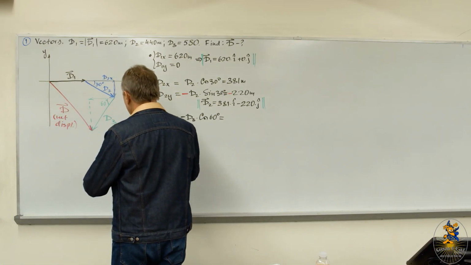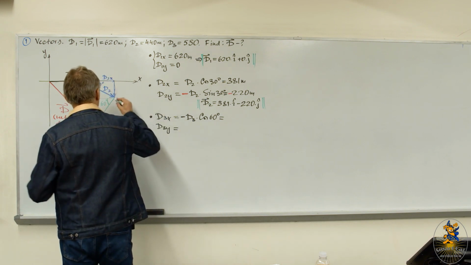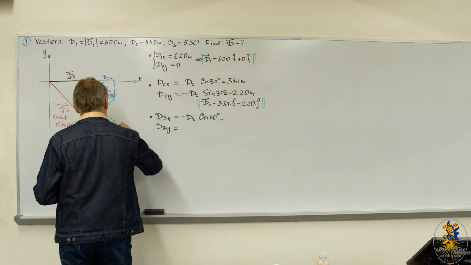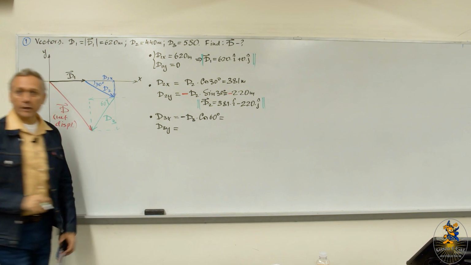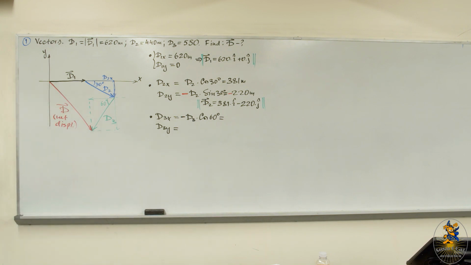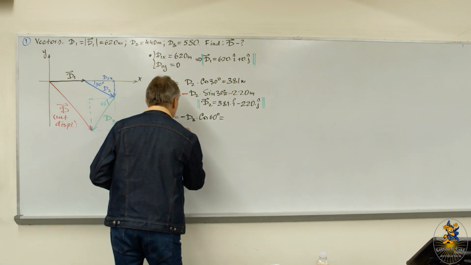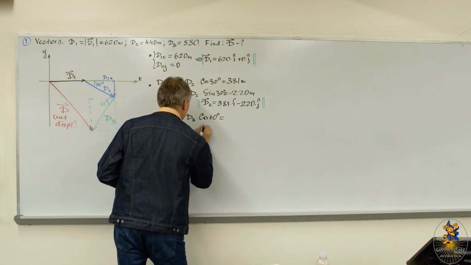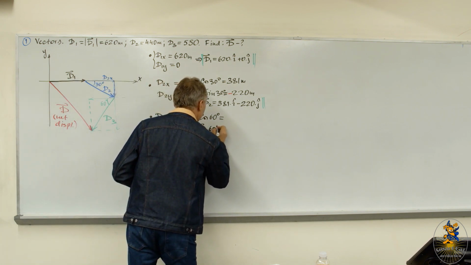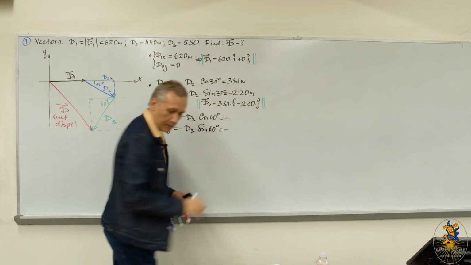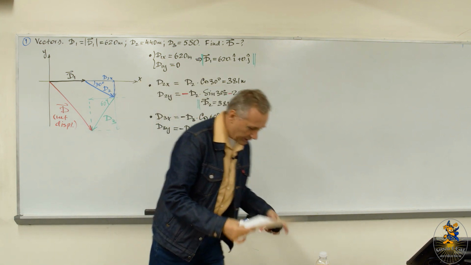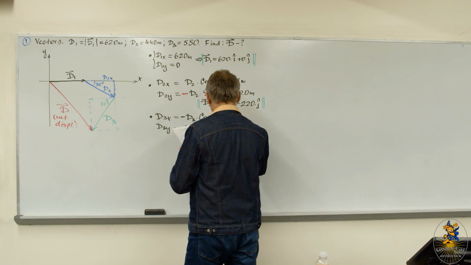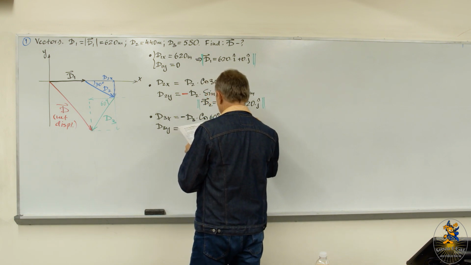So then the y component. Of course, it's this. And again, negative, right? So it will be minus D3 times sine of 60 degrees. I didn't write the answer, so now let me write that. So this will be minus 275 meters.